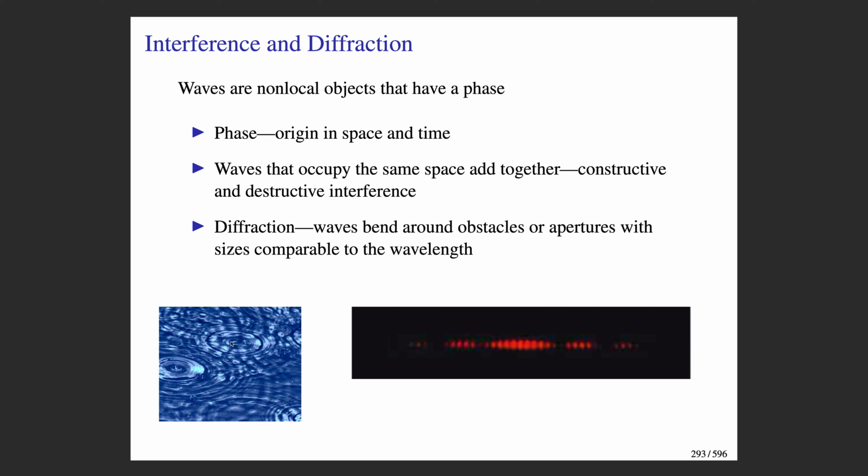But if you have two stones that strike the surface at roughly the same time, when the rings from the different ripples approach one another, you get these interesting patterns that you see here. These are referred to as an interference pattern, where the amplitudes associated with different waves interfere with one another constructively and destructively over space.